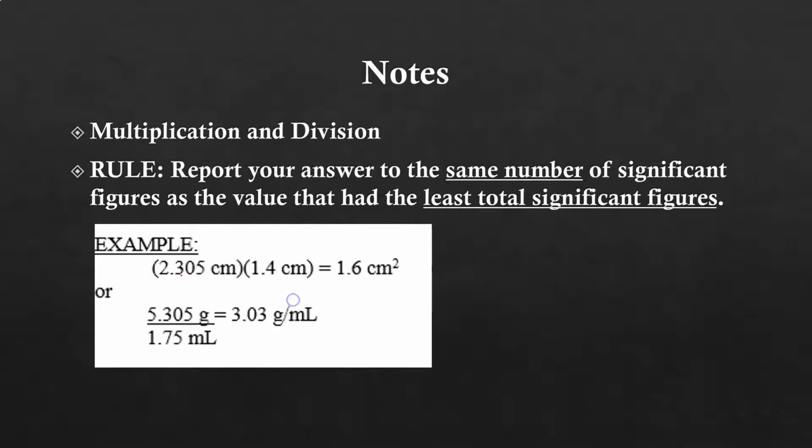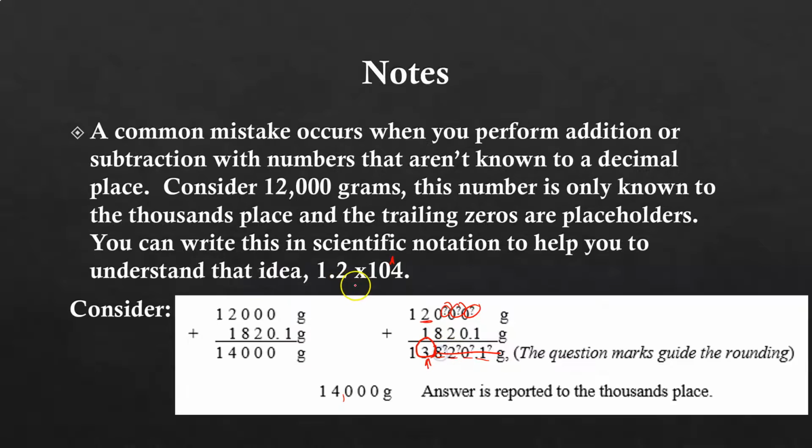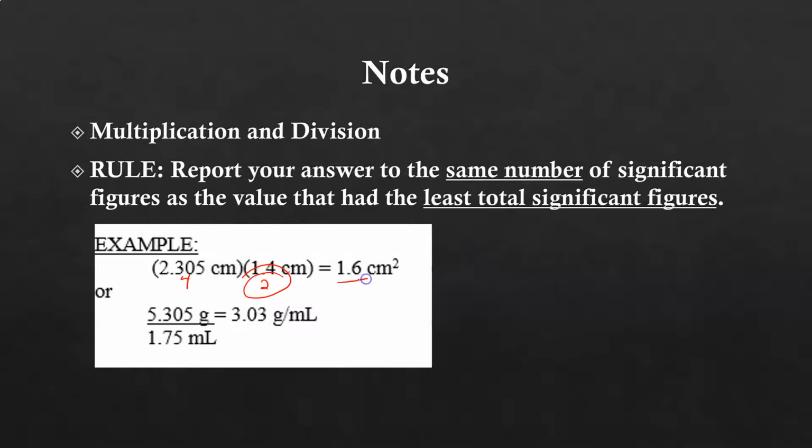So when we look at this, we have 4 sig figs on this first number and 2 sig figs on this second number. So we're allowed 2 sig figs in our answer, which is 1.6. If we look here, we have 4 and 3, which means 3 can be in our answer, so our answer has 3 sig figs.